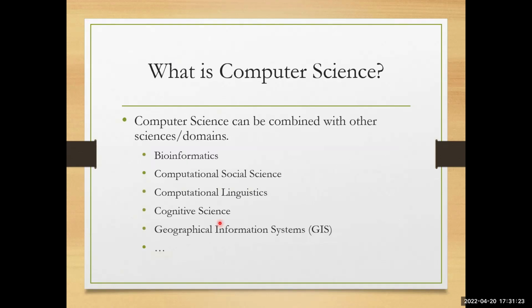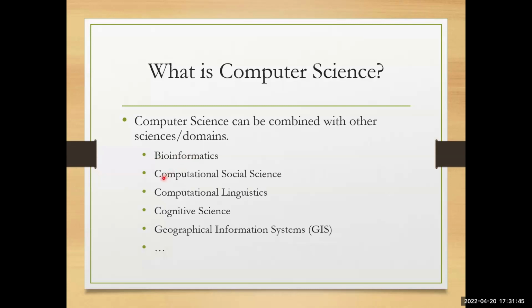Also, the knowledge of computer science can be used to help with other sciences or domains. You can use computer science knowledge to solve problems in biology, so we developed a special domain called bioinformatics.